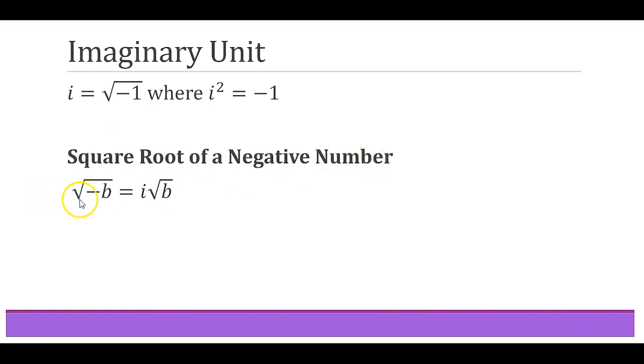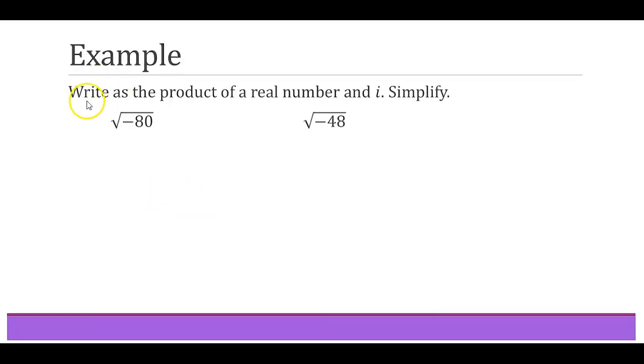So I have the square root of -b is equal to the imaginary unit i times the square root of just +b. In this example, we want to write as the product of a real number and i, and then we're going to simplify. So the first thing we're going to do is recognize that this is the square root of a negative value, so that means that the imaginary unit comes out of it.